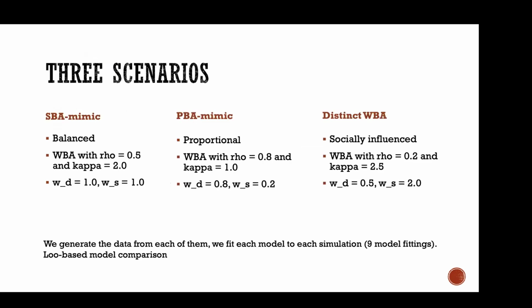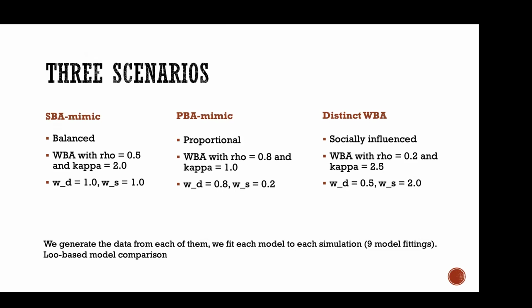Good. So we have three scenarios that we design. SBA mimic: we run a simulation from the WBA, but with the parameters set as if it's a simple Bayesian agent, so the weights end up being 1 and 1.